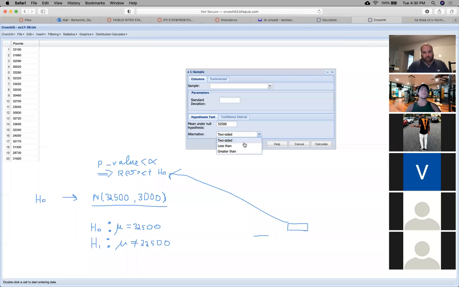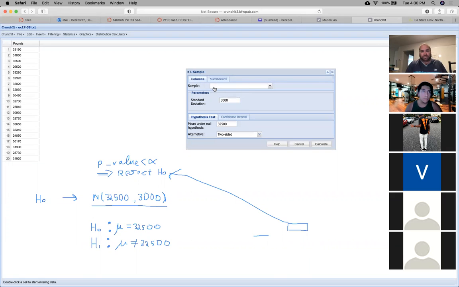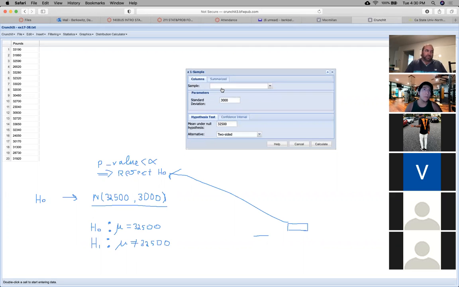Two-sided. What's the standard deviation? 3,000. They gave me that. Is my data summarized, or did they give me the sample mean, or do I have to calculate the sample mean myself?